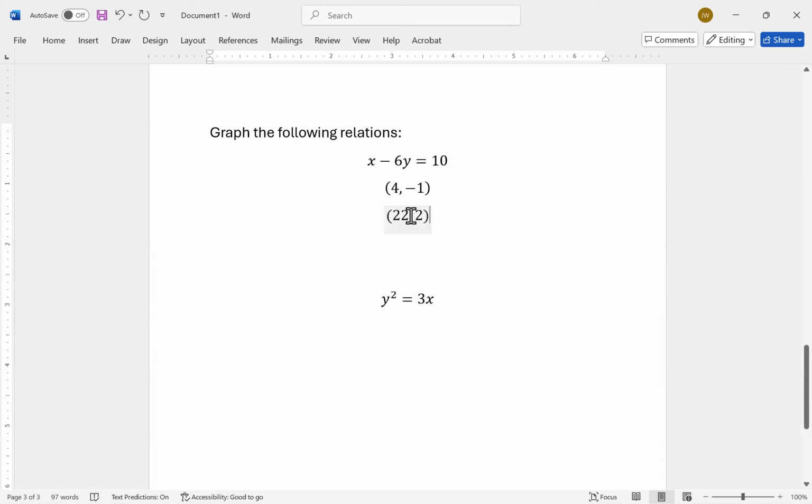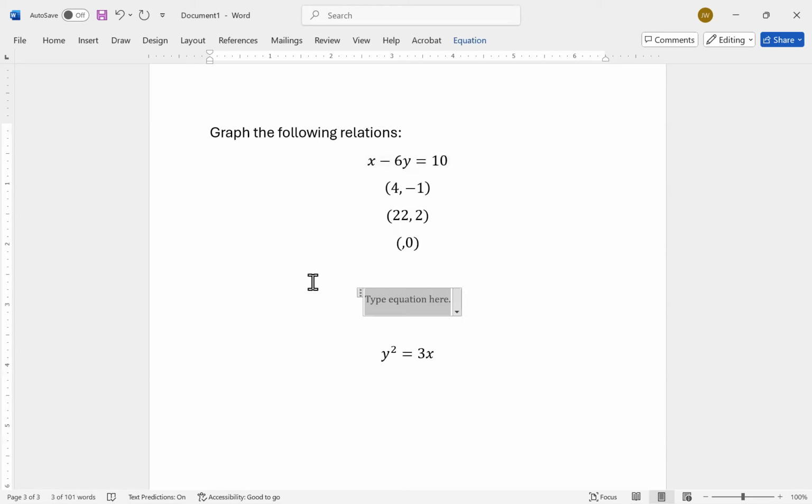Now, 2 points is not going to be enough to establish a pattern, but what you could do is start plugging in lots of different values. Maybe I plug in a certain value for y. Let's say I plug in a 0 for y, and I ask what numerical value for x would make this a true statement.